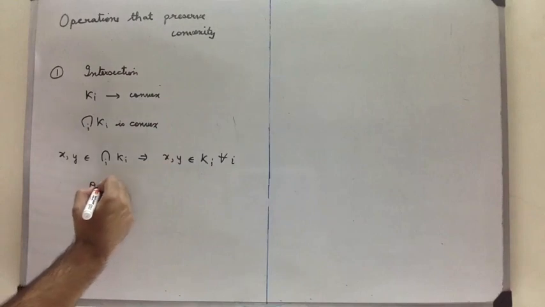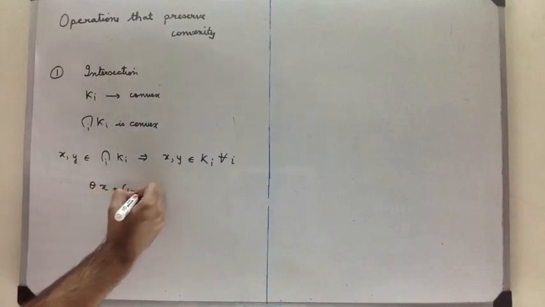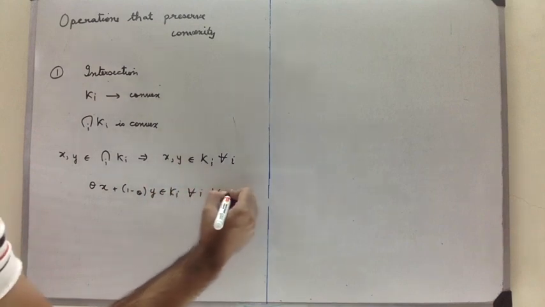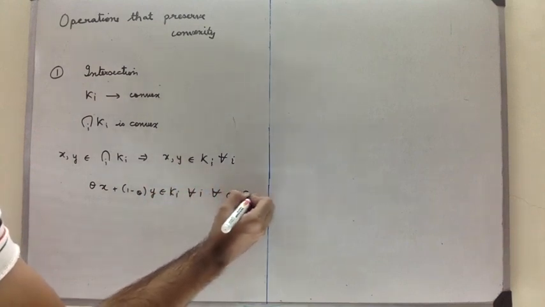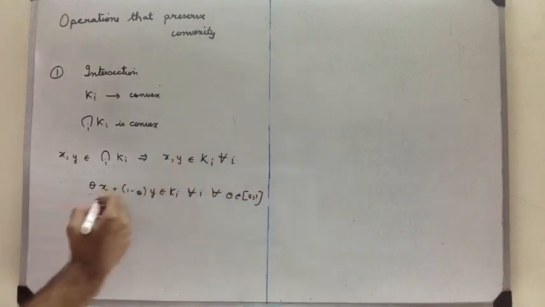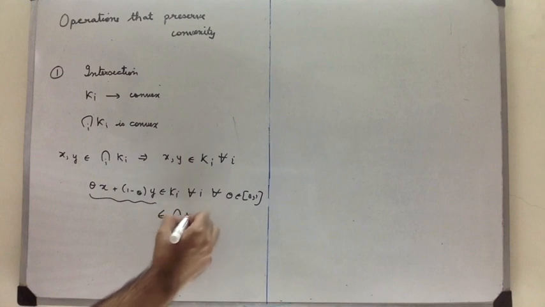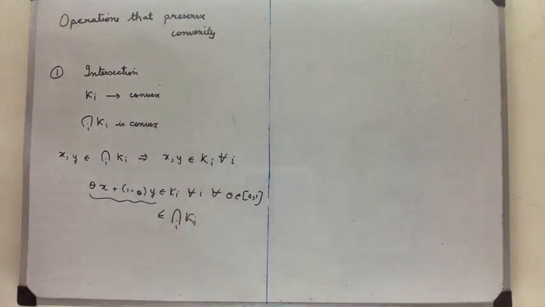Then theta x plus 1 minus theta y is an element of Ki for all i, for all theta in 0 to 1. This means that this convex combination lies in the intersection of Ki. So the intersection of convex sets is convex.